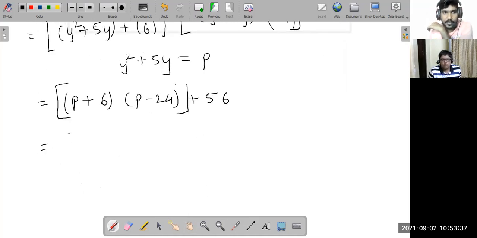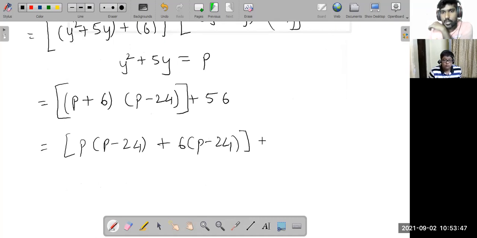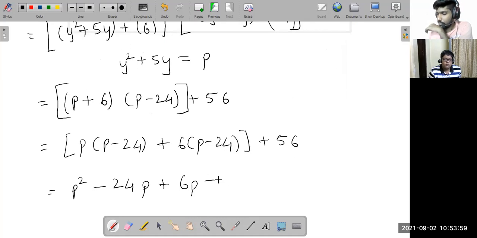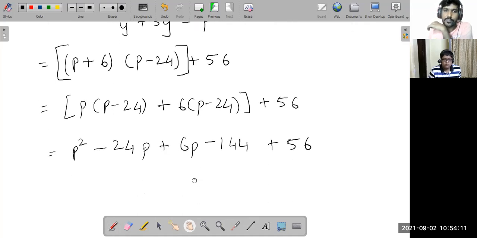So this becomes p into p minus 24 plus 6 into p minus 24, plus 56. This becomes p square minus 24p plus 6p minus 24 into 6 is minus 144, and the last plus 56 as it is.